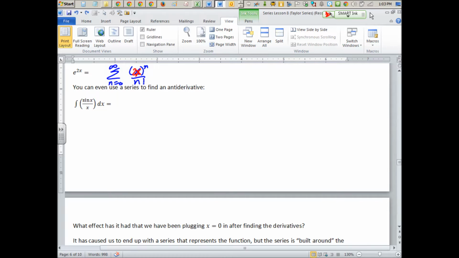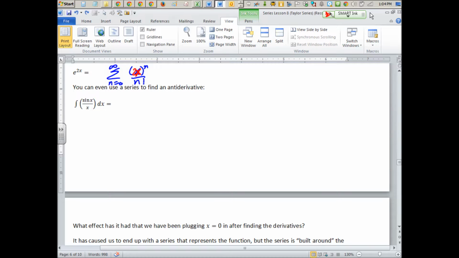It would just be a 2x instead of an x. In other words, e to the 2x has the exact same look as e to the x does. It's basically the e to the x power series with a 2x inserted where the x was. That's not complicated, but you'll sure be glad you've memorized the power series for e to the x. Look how easy that problem was.